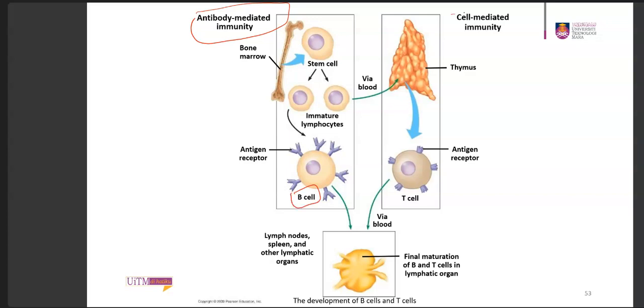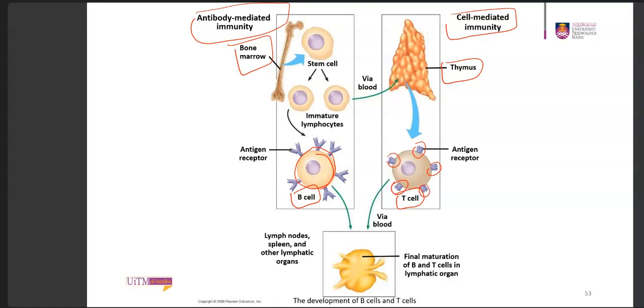The cell mediated immunity involves the T cell. The T cell matures in the thymus, the B cell matures in the bone marrow. As you can see, at the surface of these two lymphocytes, there is a receptor.